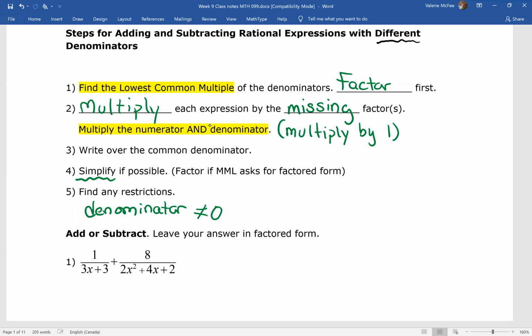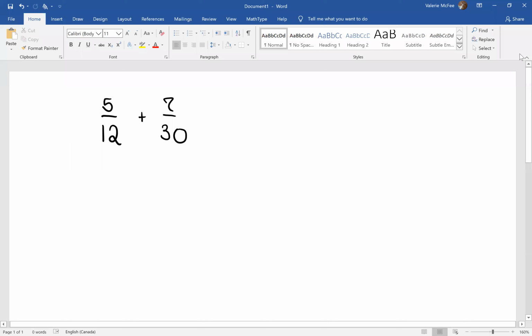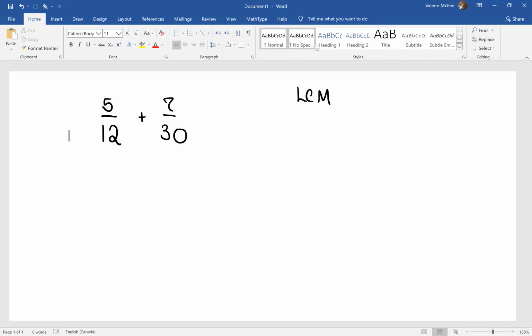Now, before we look at an example with a rational expression, let's look at an example using numbers. We have this example using numbers, 5/12 plus 7 over 30. And we said back when we were working with numbers in week 1 that we wanted to find the lowest common multiple of the denominator. So we've prime factored 12. We prime factored 30.